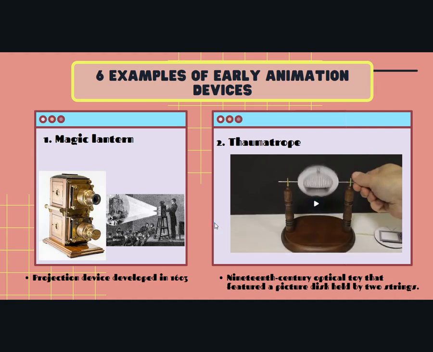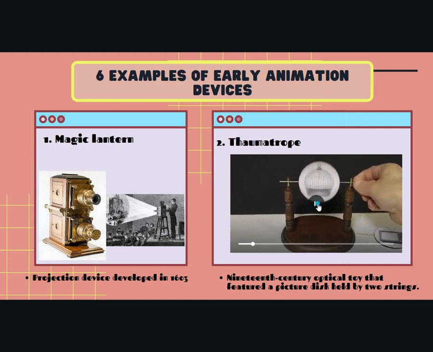Then the second is the Thaumatrope, which was a 19th century optical toy that featured a picture disc held by two strings. When they spin the disc, the images on either side of the disc merge into one by the persistence of vision, an optical illusion that tricks the eye into seeing movement long after the movement has stopped. So, I have a related video here. Just observe, this is the Thaumatrope. You spin it and it creates animation, the illusion that it moves when you spin it.